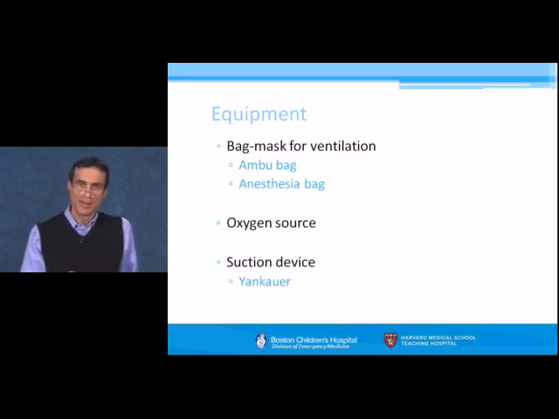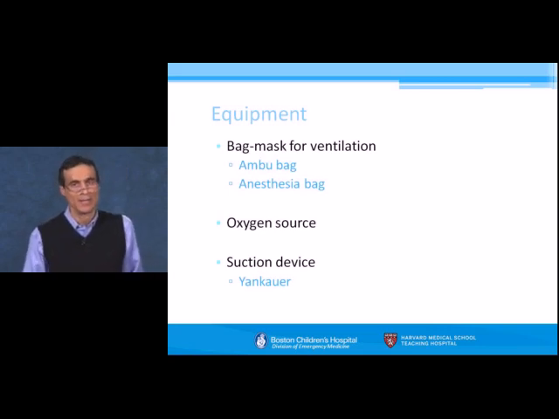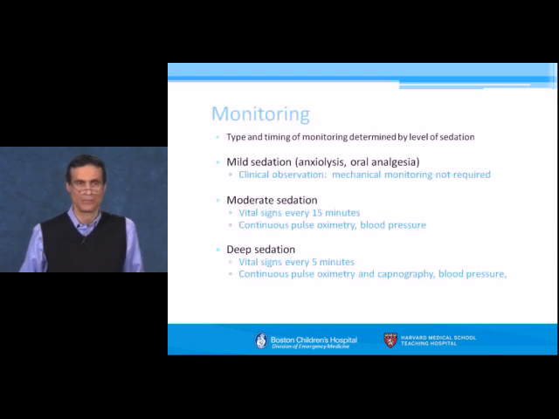It's particulate matter that leads to the chemical pneumonitis and then to clinical aspiration syndrome. So you need a larger suction that can aspirate particulate matter, and that's a Yankauer suction. So you need a bag mask for ventilation, oxygen source, and a suction device.